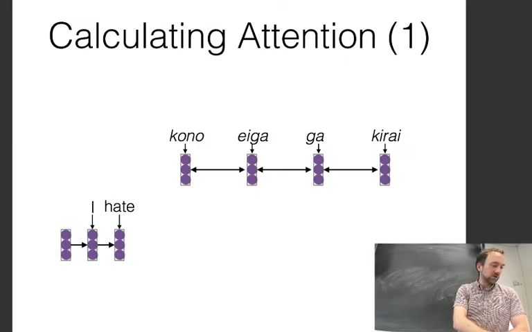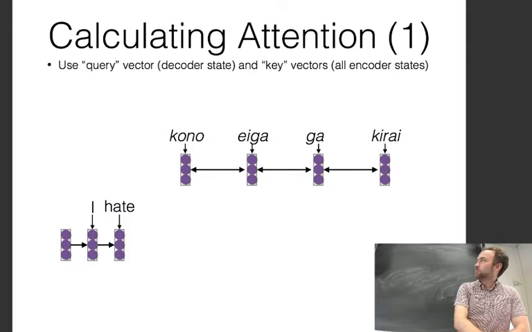These are our source sentence encodings, maybe run through a bidirectional LSTM or something like that. Then on the bottom left, we have the decoders, and this is our current state, and then maybe we want to decide which word comes after hate.